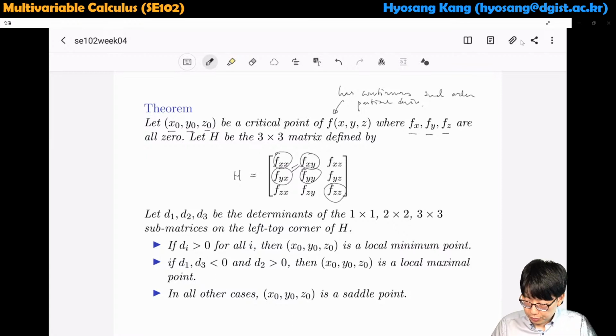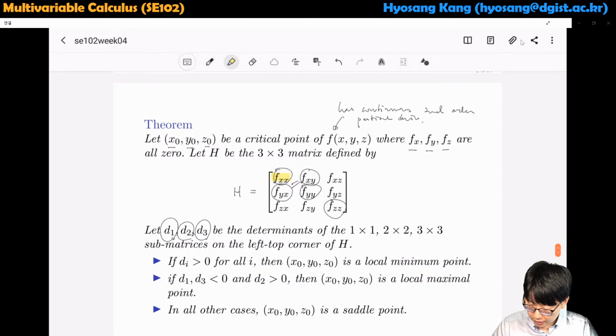So how do we determine the local minimum, local maximum, or neither? We are going to define d1, d2, d3 as follows. d1 is the determinant of the top left corner 1 by 1 matrix.